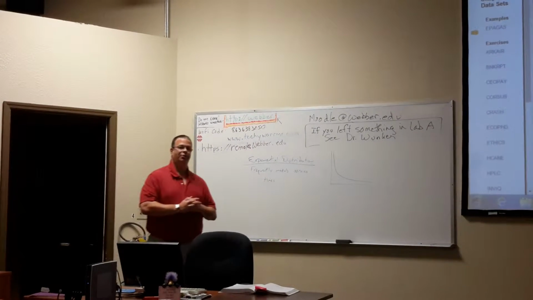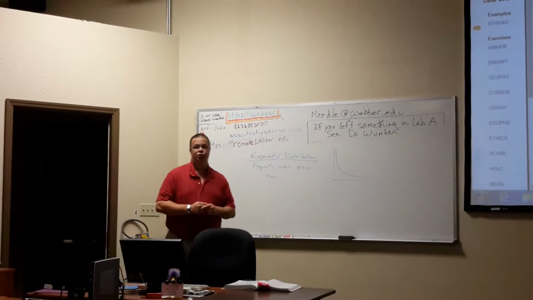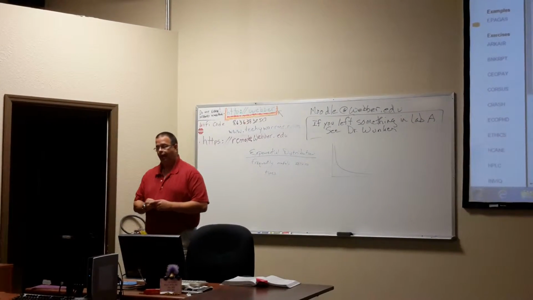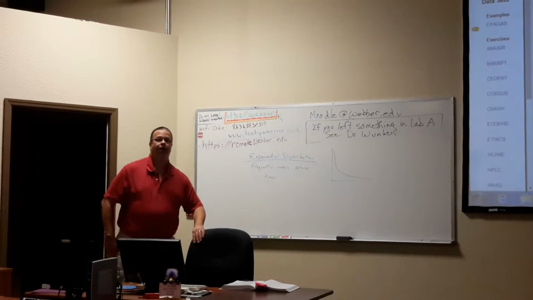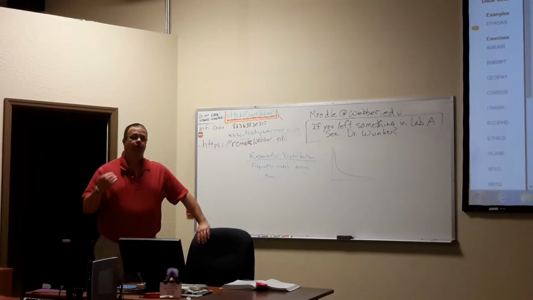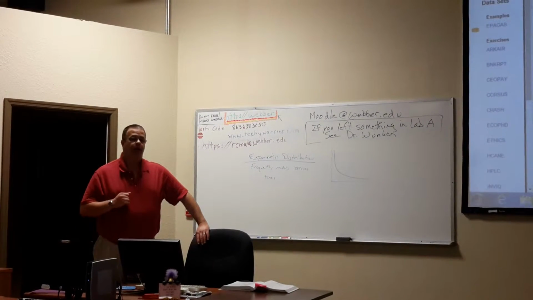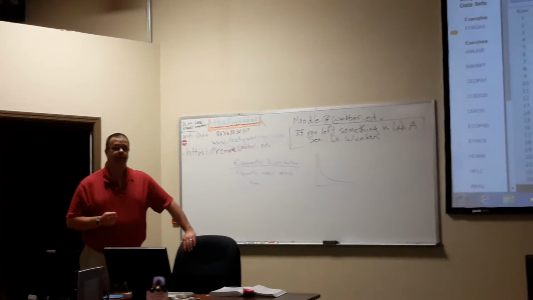The next type of continuous distribution that we're going to talk about is an exponential distribution. Exponential distributions have been found to provide pretty accurate models of how customers get serviced, the time it takes for service, in many different types of businesses.